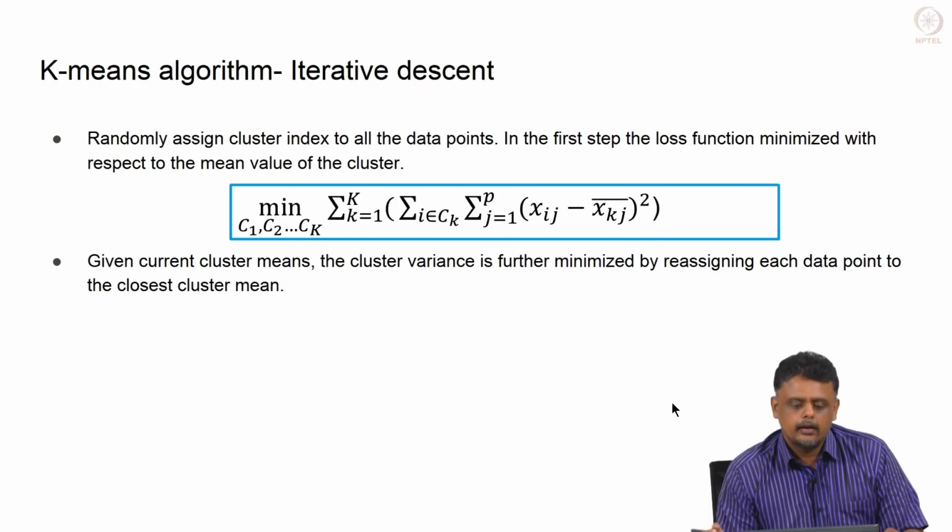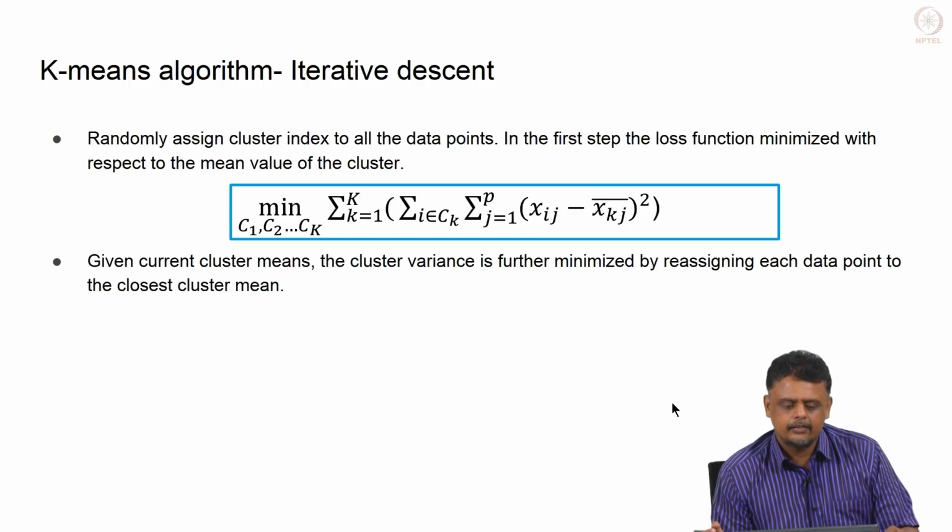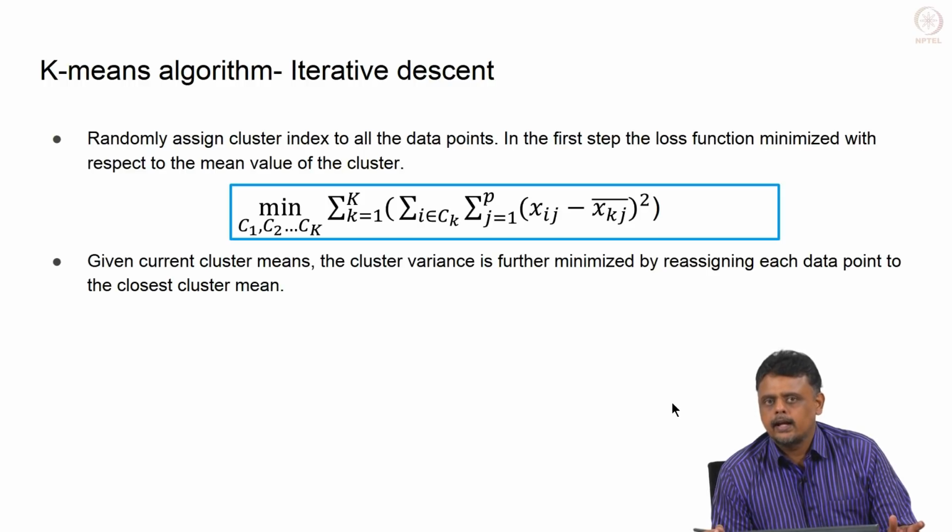Okay, to summarize the algorithm, I will rephrase it differently: randomly assign a cluster index to all the data points, which is the same as saying you choose a cluster centroid first, and based on the distance to that centroid you would assign a cluster index to each one of the data points.